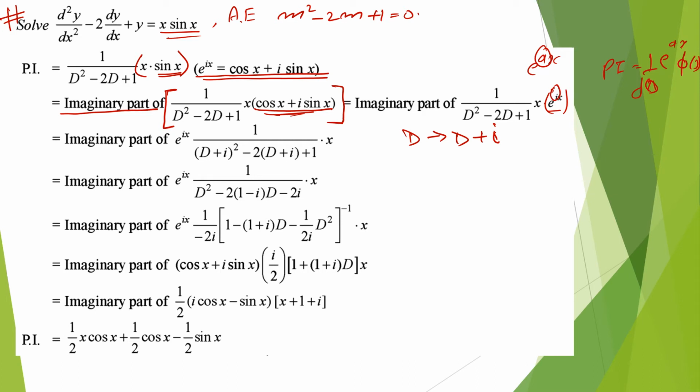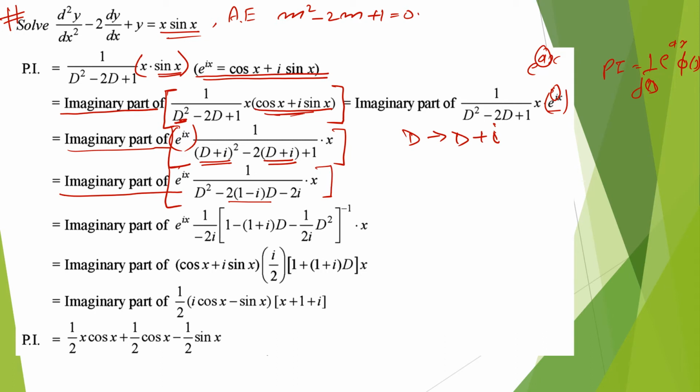We put e to the power iota x on the left side of the term, and D is replaced by D plus iota. Now we simplify it and get the imaginary part of e to the power iota x times 1 over D square minus 2 times 1 minus iota D minus 2 iota, times x.